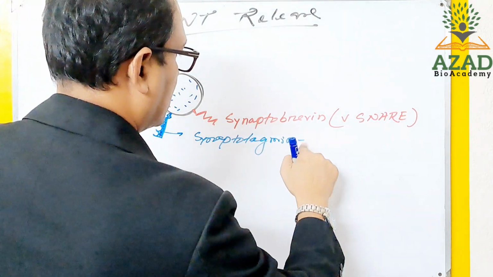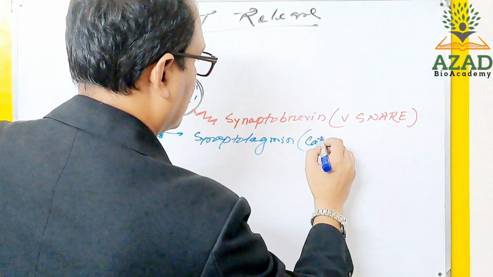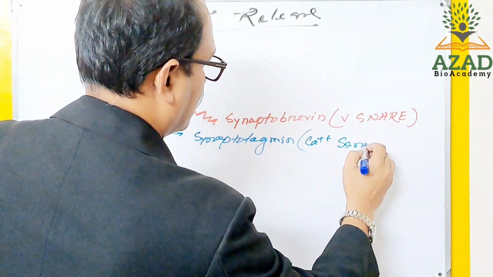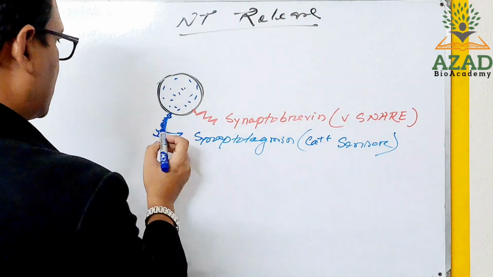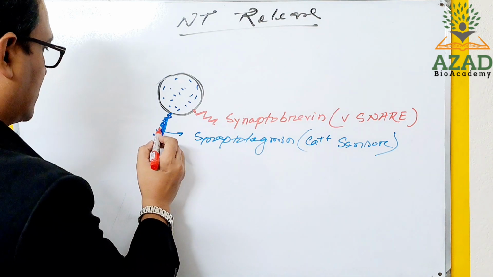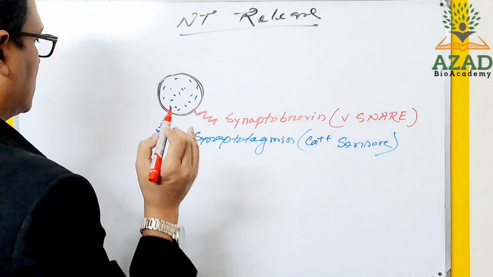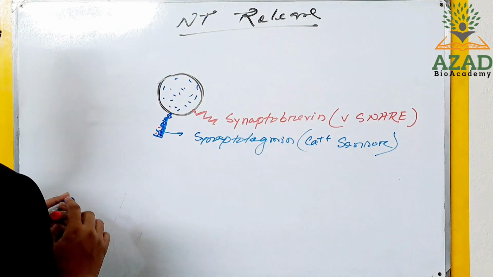Okay, and this is a calcium sensor. Here there are two domains, the calcium binding domains, this one and this one. See, C2A and C2B, these are calcium binding domains.